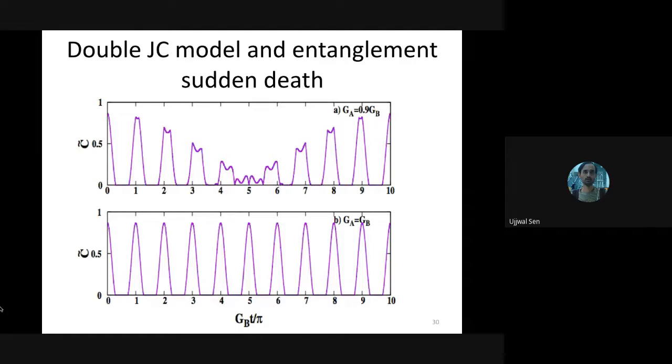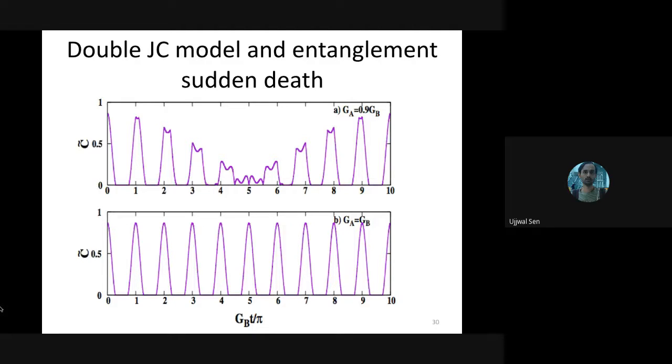The measure that is used is something called concurrence. I have not defined it. It is a measure of entanglement between the 2 atoms. Remember, this is a different entanglement than the one we considered in the previous slides. For the single Jaynes-Cummings model, I considered entanglement between atom and cavity. Here, I am considering entanglement between the 2 atoms.